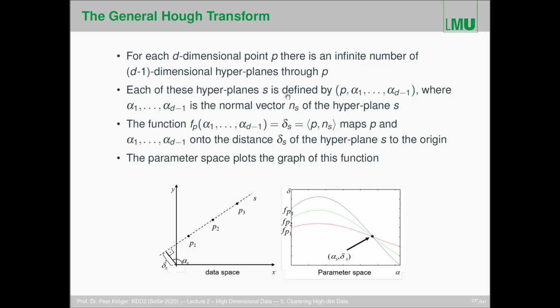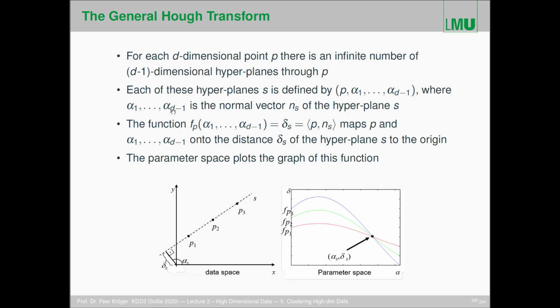And each of these hyperplanes, in that case lines, is defined by the point itself and the angles, where the angles define the normal vector. So this line here is defined by P, for example, and the normal vector. And the normal vector, in spherical rather than Cartesian coordinates, can be expressed by d minus 1 angles.